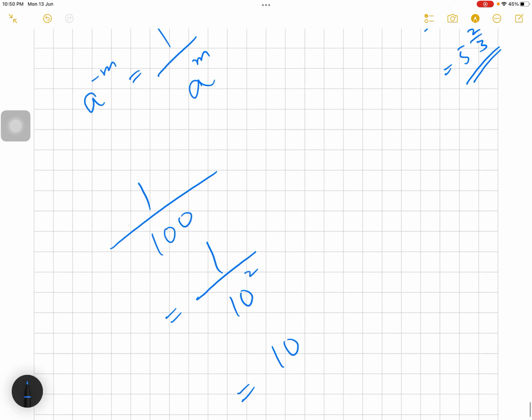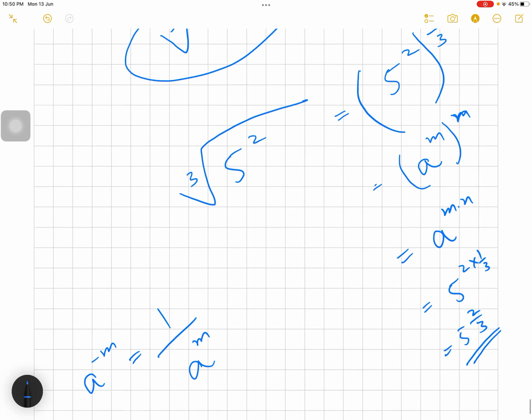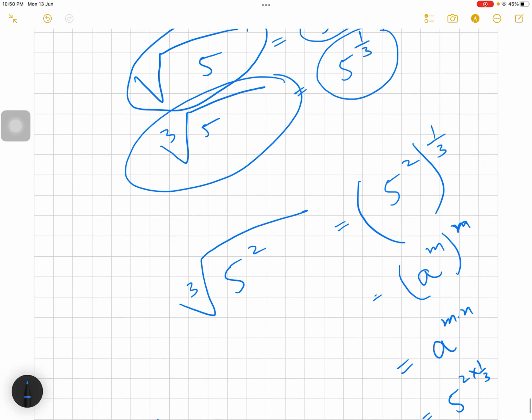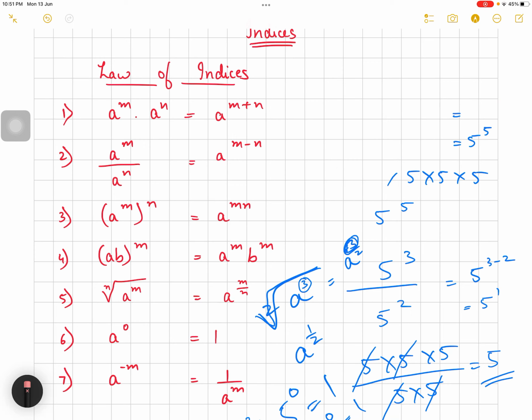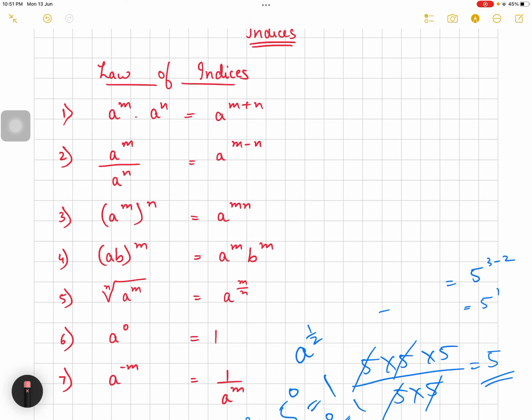And 1 upon 10 square can be written as 10 raised to minus 2. This is also one of the laws. All my students need to write all these laws in the book. You don't need to prove it. I just tried to make you all understand how we came up with these laws. That's it.